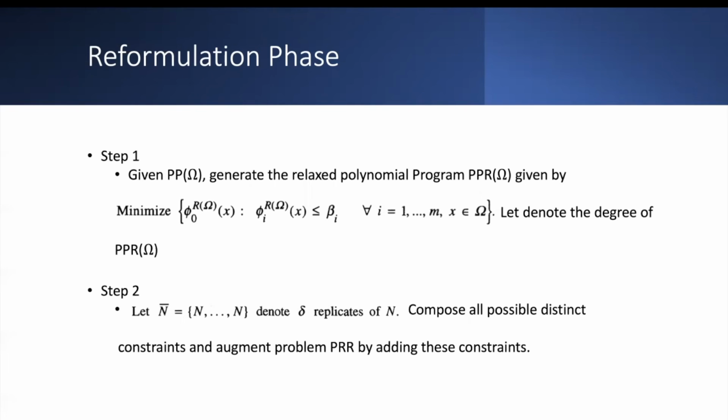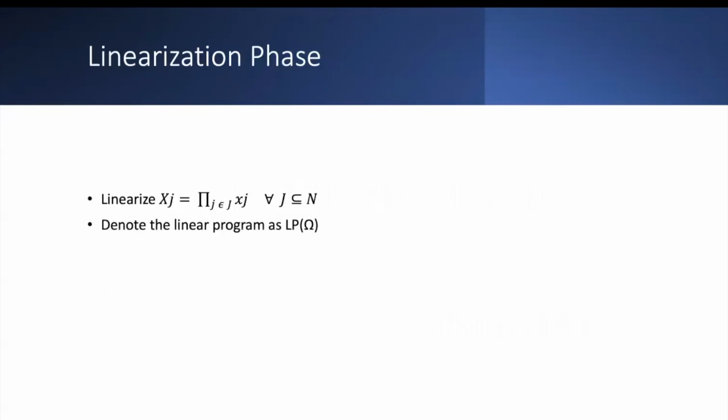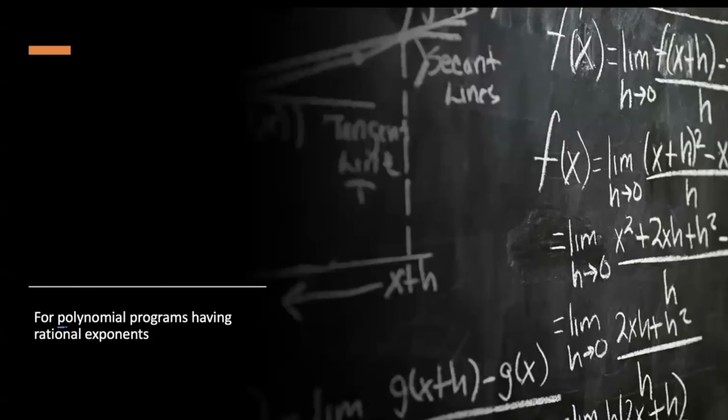Compose all distinct possible constraints obtained by taking products of bound factors, and then augment the relaxed polynomial program by adding these constraints. In the linearization phase, linearize the resulting polynomial program obtained at the end of the reformulation phase by the given equation, and then denote the linear program thus produced by LP of omega.